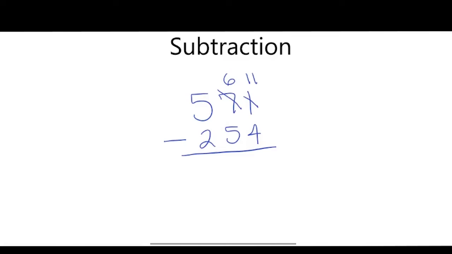Well, now I can do 11 minus 4, which is 7. And then I'll do 6 minus 5, which is 1. Then I'm going to do 5 minus 2, which is 3. So 571 minus 254 is 317.